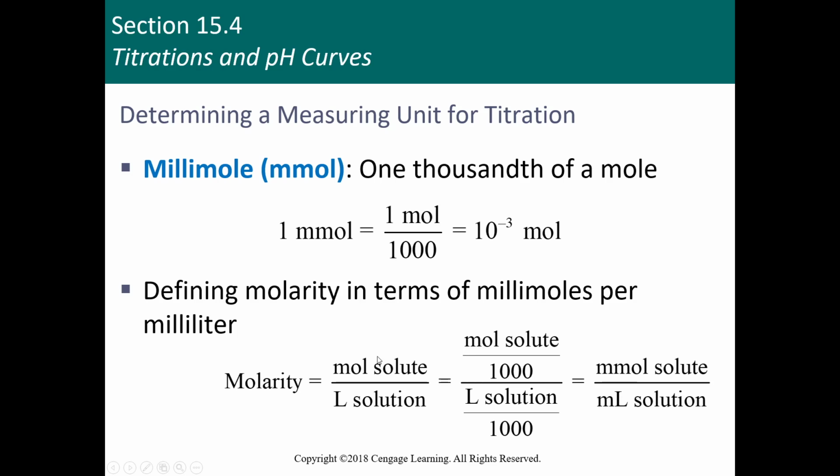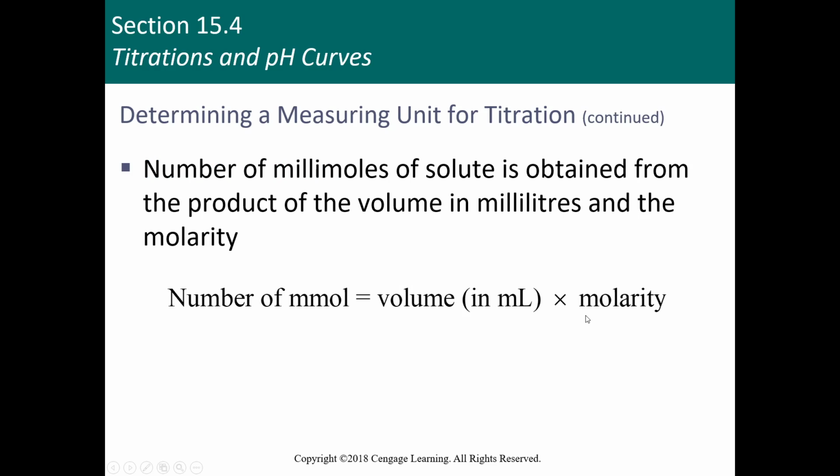They are both molarity, which is moles per liter or millimoles per milliliter. Now, the number of millimoles of solute is obtained from the product of the volume in milliliters and the molarity. If you multiply molarity by milliliters, you get a number of millimoles.